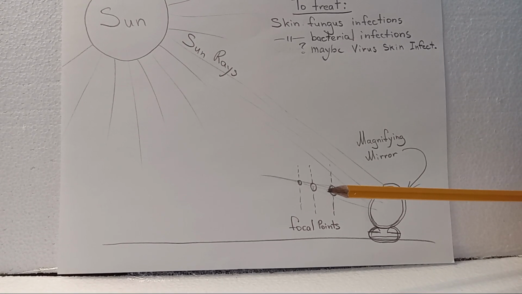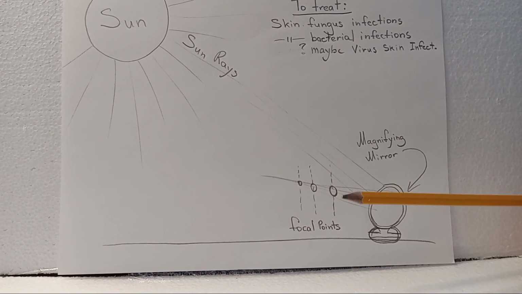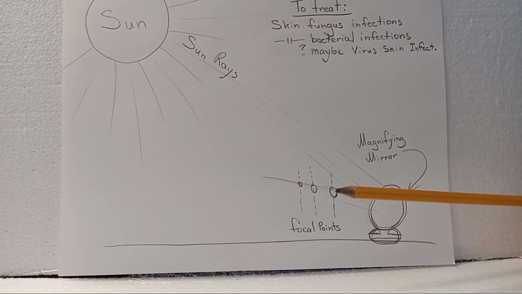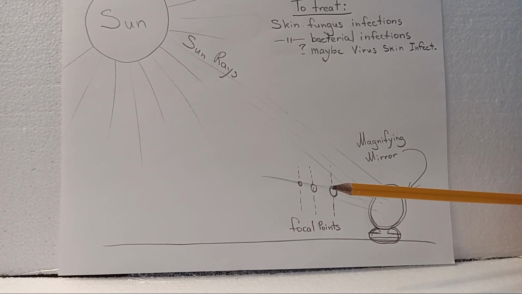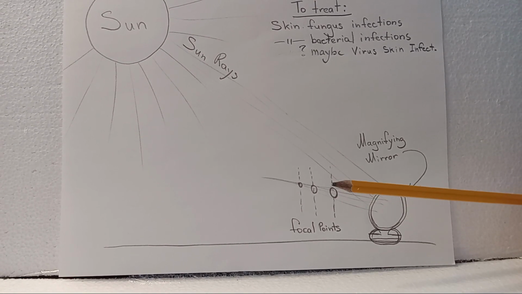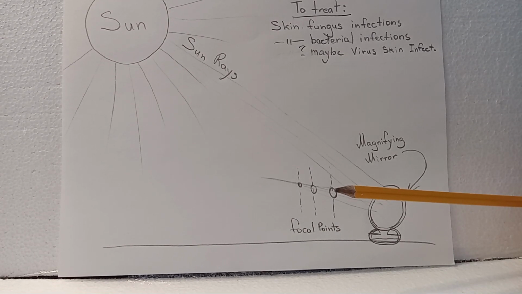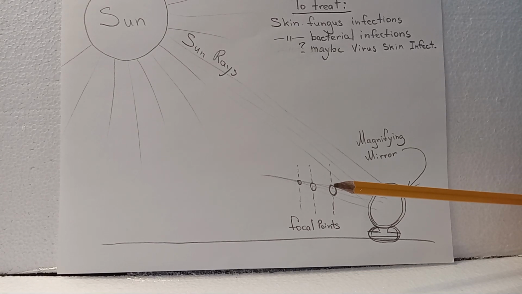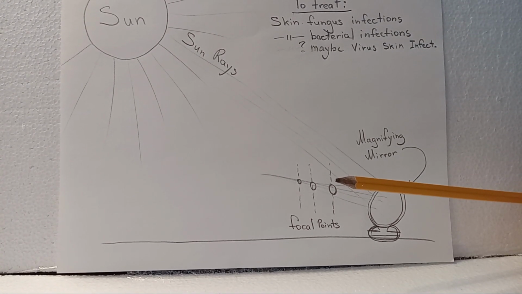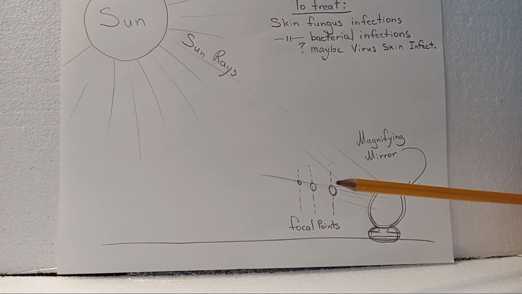For example, we can get farther away, like right here or right here, and if we're using this point here, which is, let's say, 5 times concentrated, maybe more, that's about 10 times concentrated light, we can expose, let's say we have a fungal infection on our feet and we're trying to get rid of it.